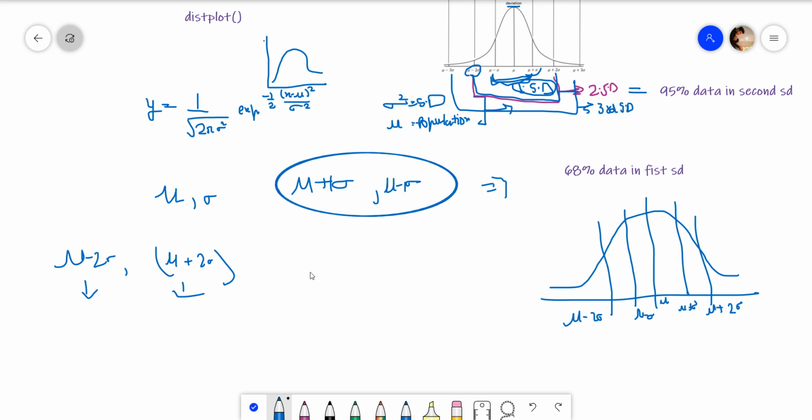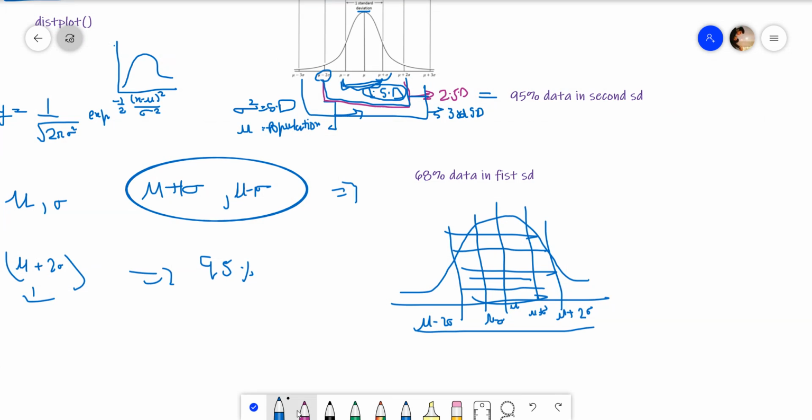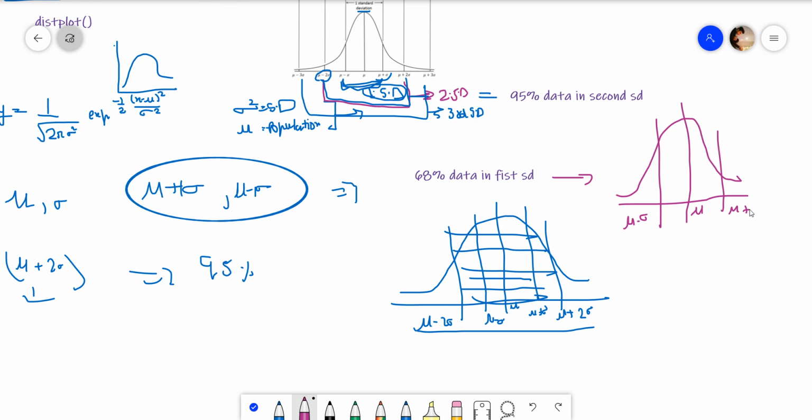It shows us that 95% of our data is present in the outer range. Similarly, we can draw this curve for our first standard deviation: this is nu, nu minus sigma and nu plus sigma, and 68% of the data falls between them.